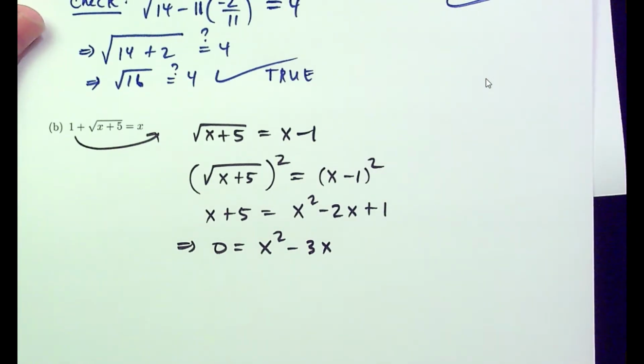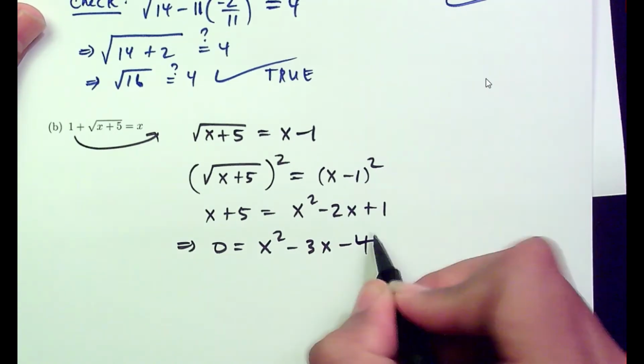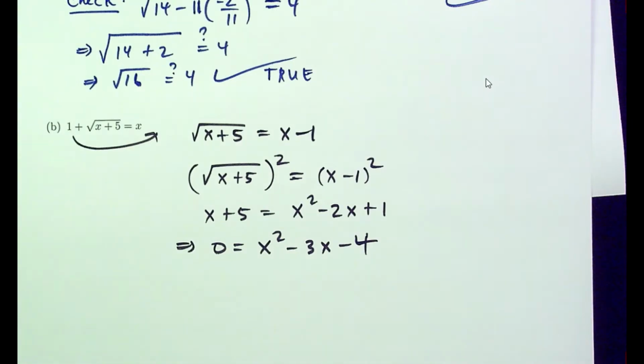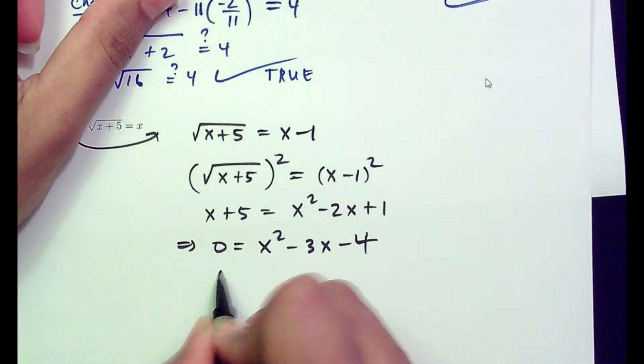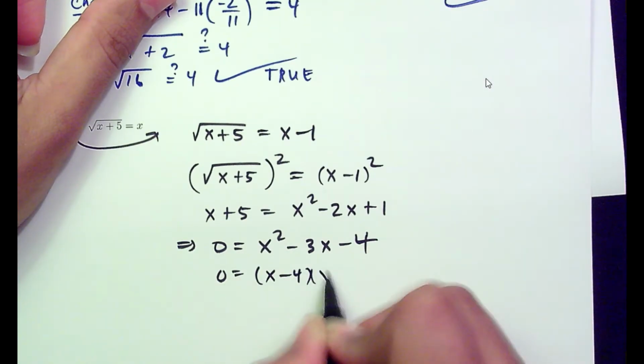And then moving the 5 is minus 5, so 1 minus 5 is negative 4. Okay, and now you solve that any way you want, quadratic formula, factoring. This one factors: x minus 4, x plus 1.